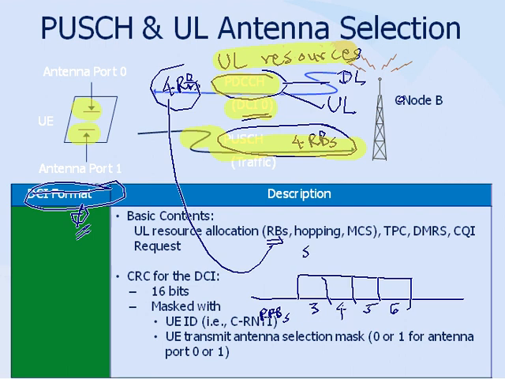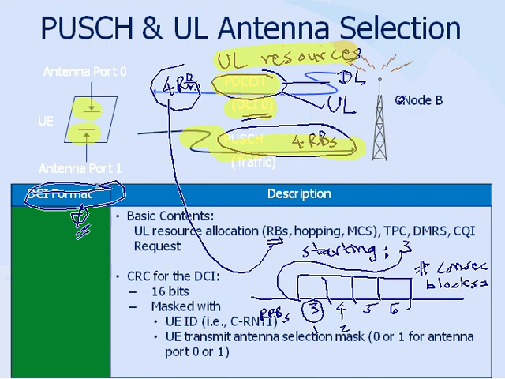So we give the starting block number, that would be 3, and then we give the number of consecutive blocks, which would be 1, 2, 3, and 4 consecutive blocks. So those are the 2 pieces of information that we provide as part of the resource allocation. There is only one kind of resource allocation.